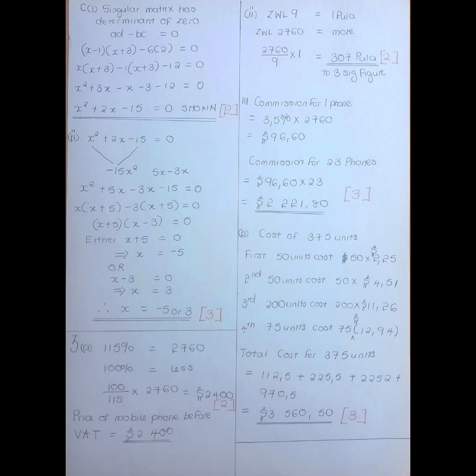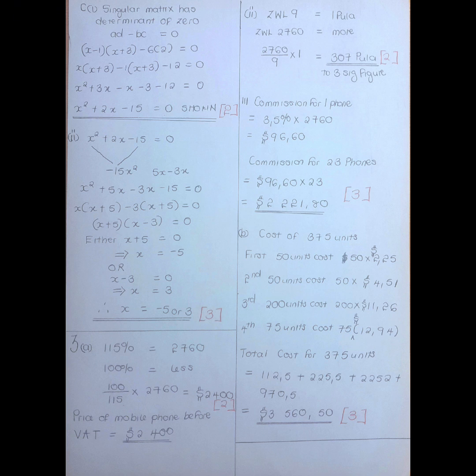And then we get $96.60. And then the commission for 23 phones, we are going to say 96.6 times 23 in order to get $2,221.80.